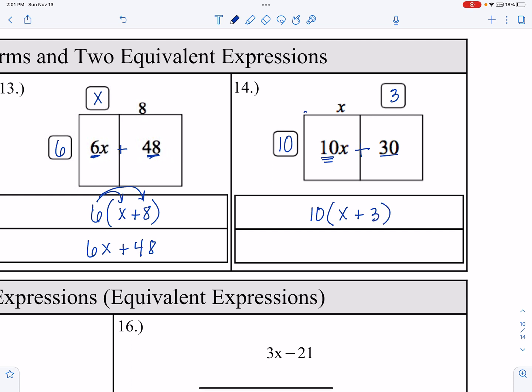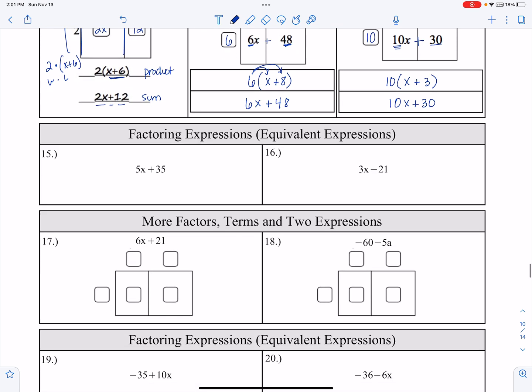So for my top distance, I have x plus 3. Now my sum is just 10x plus 30. Down here, let's look at these without the model now.